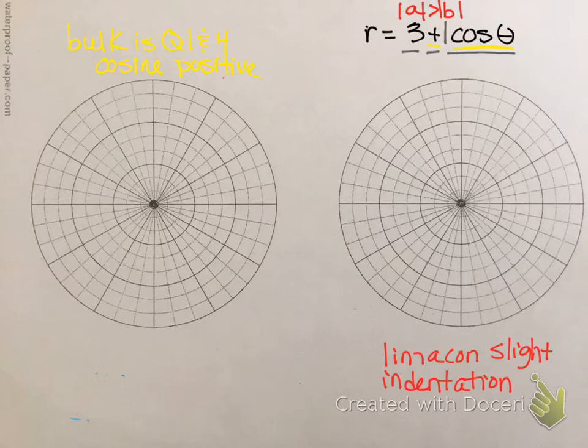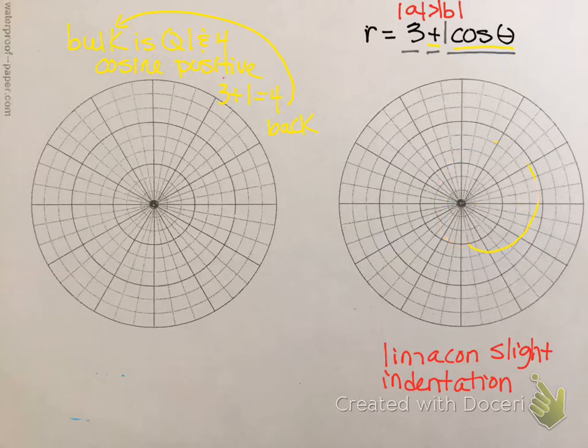I know that the back of the bulk is 4, because that's the absolute value of 3 plus the absolute value of 1. So this thing is going to be in this region. It's going to have some kind of dimple like that. The back of the bulk has to be over here, and it will need to be at 4.